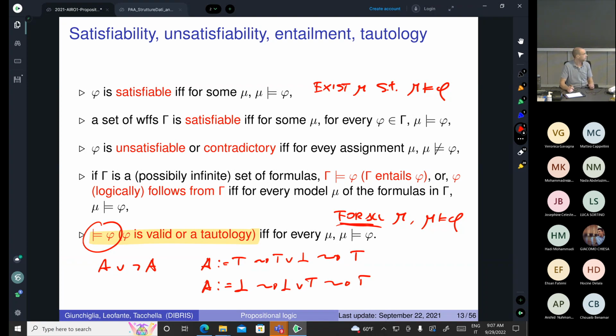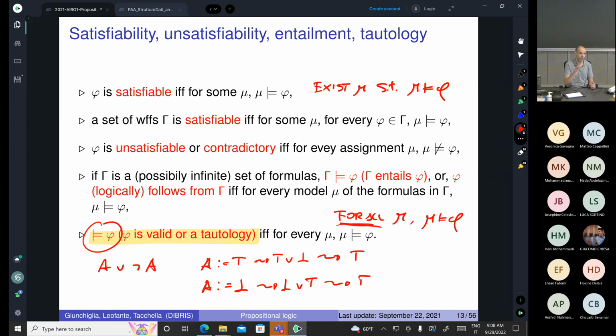Now, we will say it even better, but maybe some of you also suspect that if you take a tautology and you negate it, what do you obtain? A contradiction. And if you take a contradiction and you negate it, you obtain a tautology. If you have a satisfiable formula and you negate it, you don't know, because clearly a tautology is also satisfiable, but not all satisfiable formulas are tautologies.